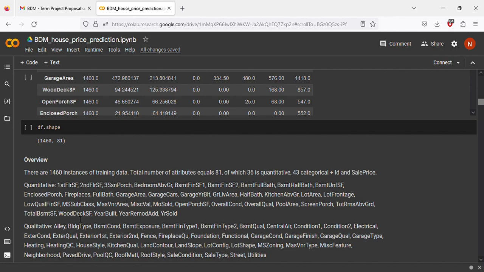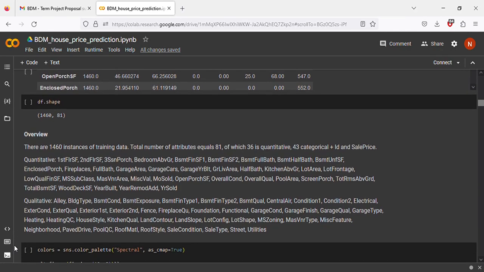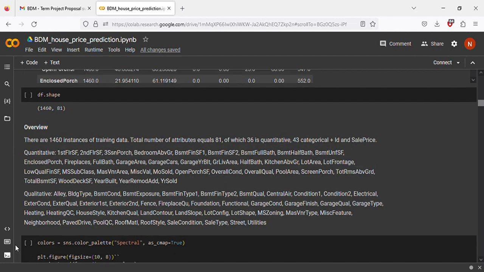Some of the quantitative variables could be first floor space, second floor space, overall quality, pool area, screen porch, etc. And some of the qualitative variables are building type, basement condition, basement exposure, street utilities, etc.